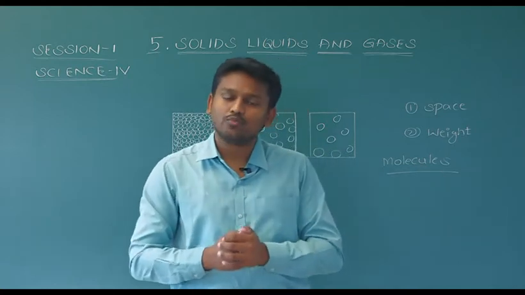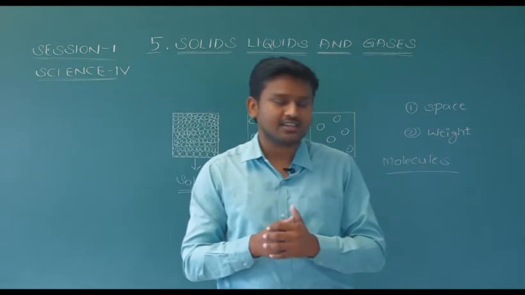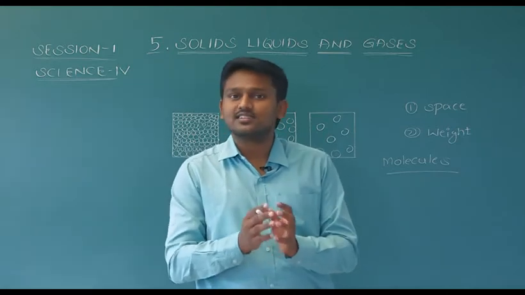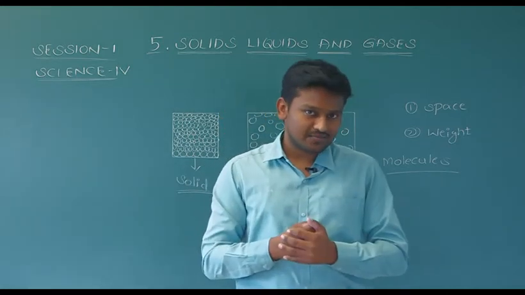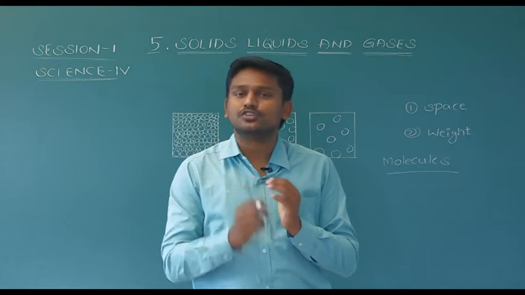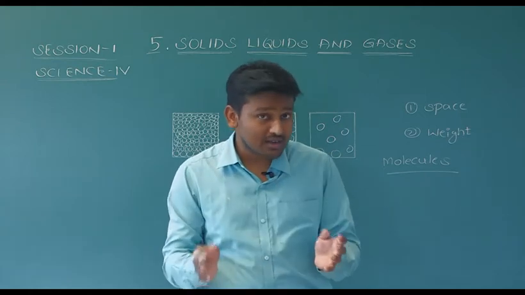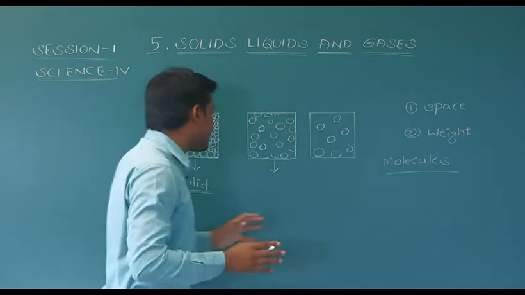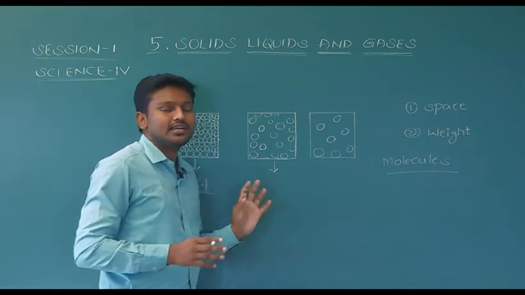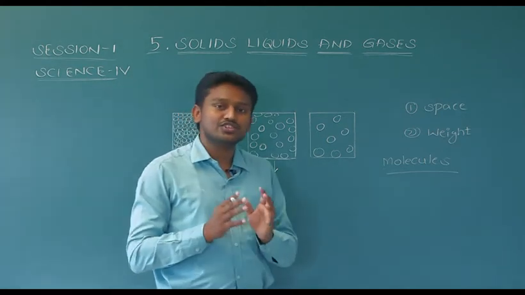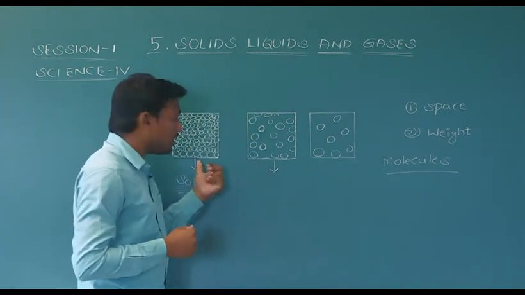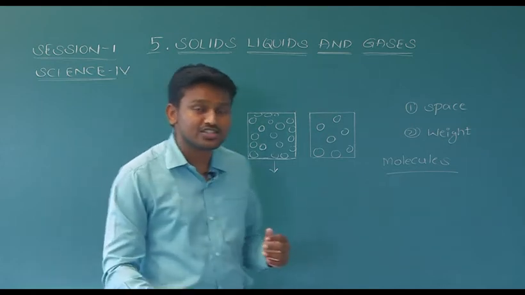When you take the same water in different containers, you can see that water attains the shape of the container. Water itself does not have any particular shape. So, with that we can say liquids do not have any fixed shape. However, solids have a fixed shape.